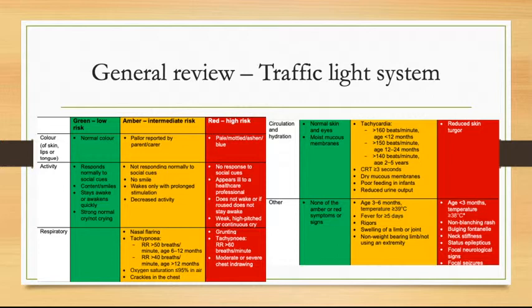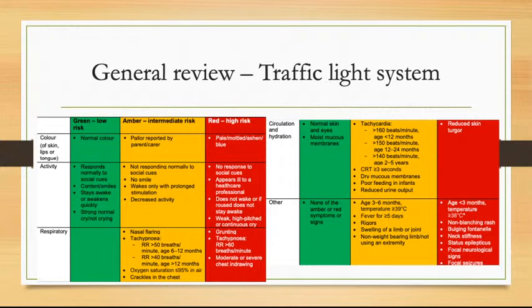You look at these criteria and ask through history and examination, see if they have any that fall into amber or red categories. Because if they do, this means that the child is at high risk of having a serious illness, and this determines the management afterwards.